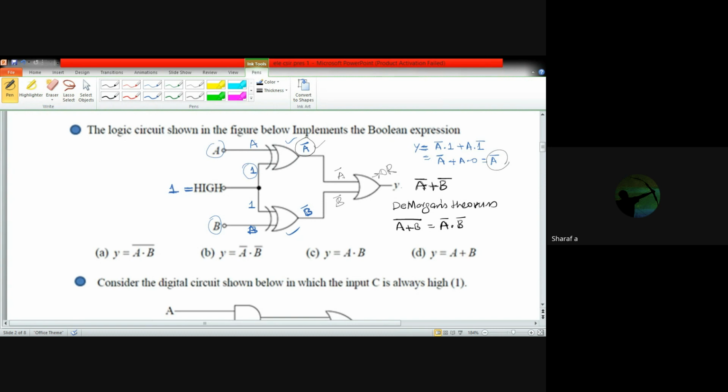Plus will become dot, and A and B will become A bar and B bar. Similarly, if you take A dot B whole bar, then that will become A bar plus B bar. Dot will become plus, and A and B will become A bar and B bar. We will discuss this theorem shortly. This is De Morgan's theorem.